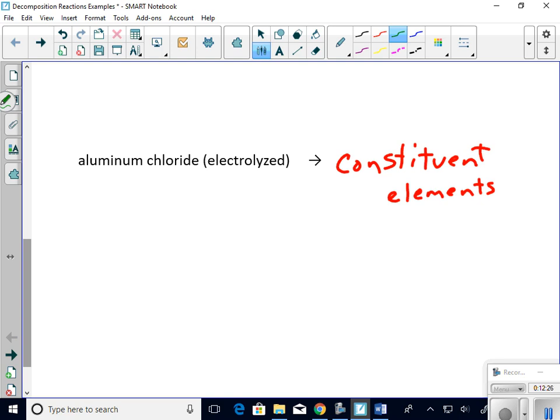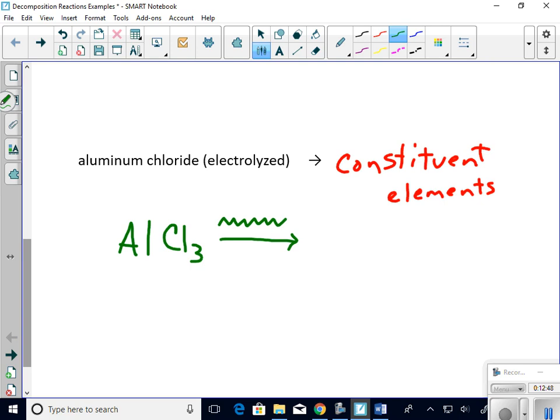So it's going to give me AlCl3. Something a little different now. We are not heating it. We are electrolyzing it. So I put that little wavy line there.